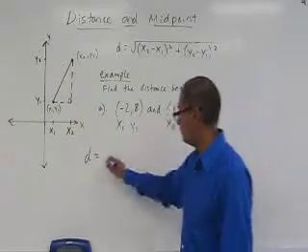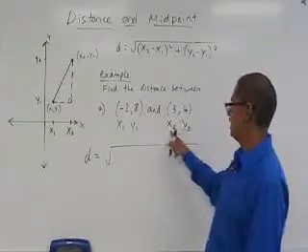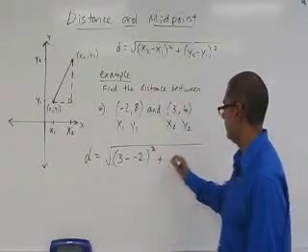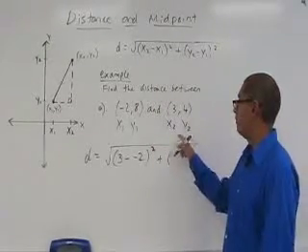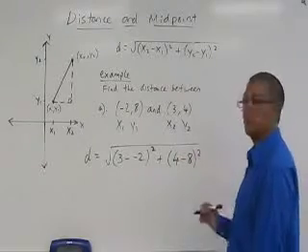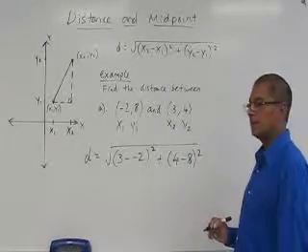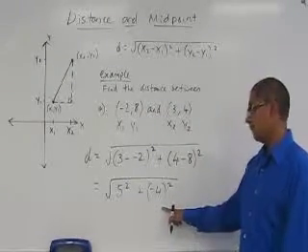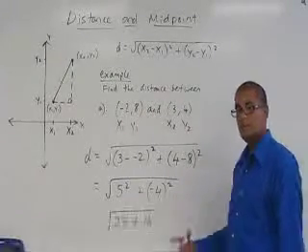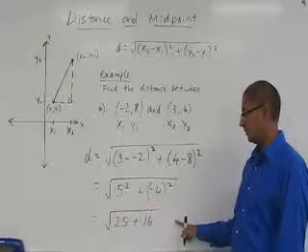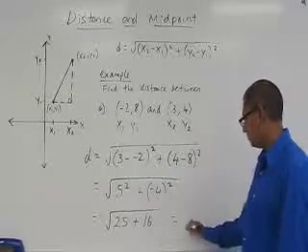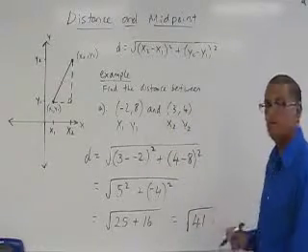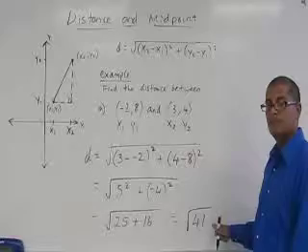So the distance is the square root of 3 minus negative 2 squared plus 4 minus 8 squared. We calculate this to get the square root of 5 squared plus negative 4 squared, which gives the square root of 25 plus 16, which works out to be the square root of 41. So the distance between these 2 points is the square root of 41.